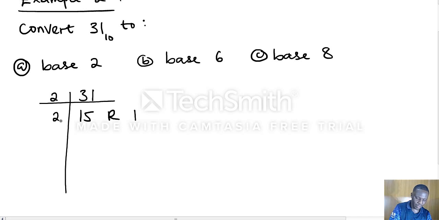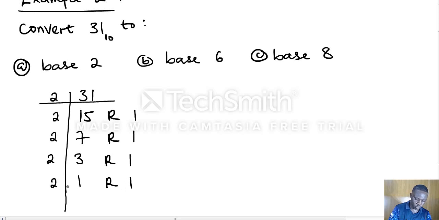Keep dividing by 2. 15 divided by 2 is 7, remainder 1. 2 into 7 is 3, remainder 1. 2 into 3 is 1, remainder 1. 2 into 1 is 0, remainder 1.